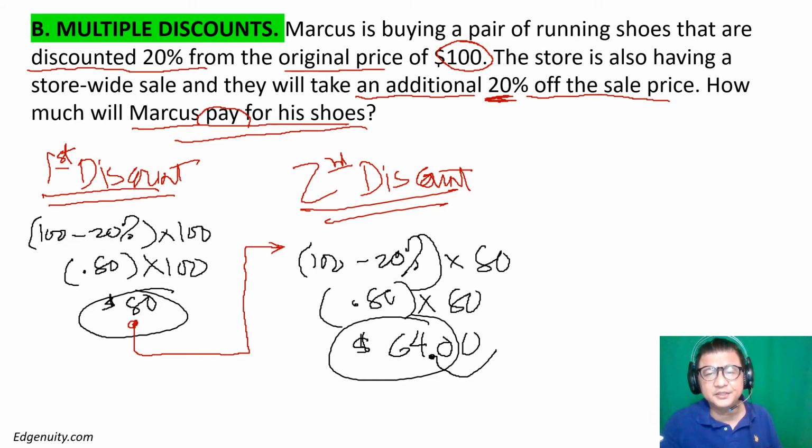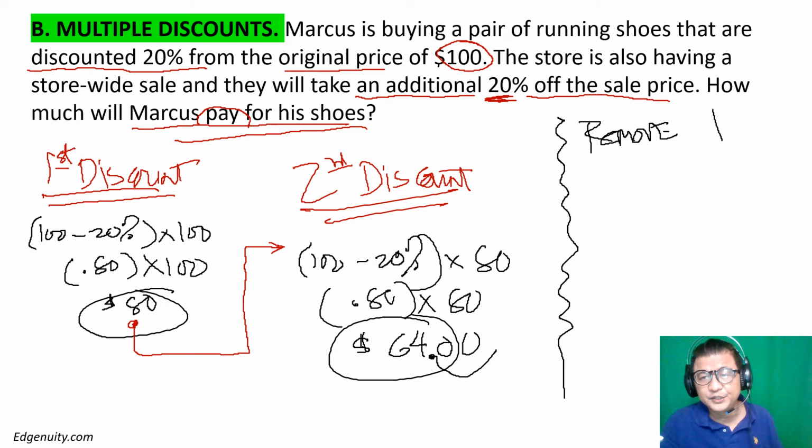Now, some kids were saying this. Oh, Ram, 20 and 20 is just 40. Why don't you just remove 40%? Will I get the same answer? Let's try it. We will now remove 40%. Let's see if we're going to get the correct answer. So the original is 100 times 60%. Why do I make it 60? Because I removed the 40.